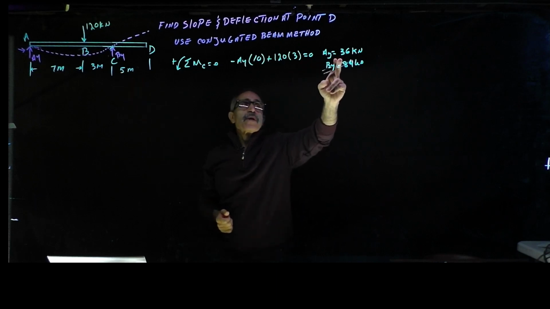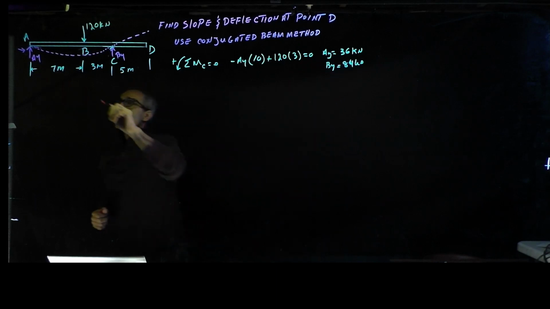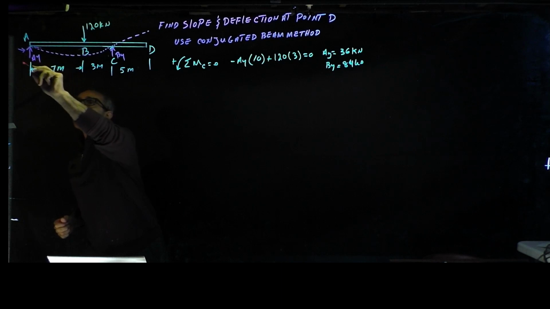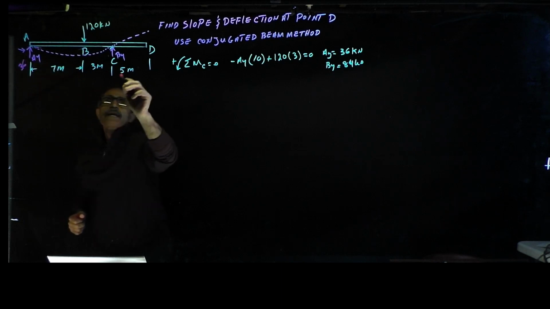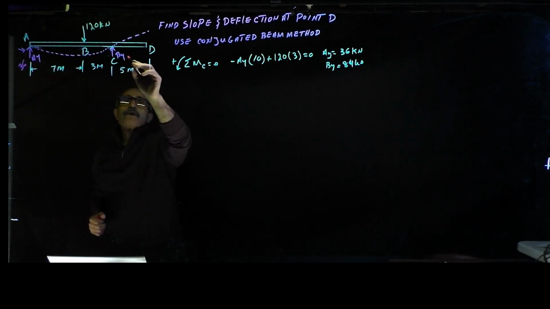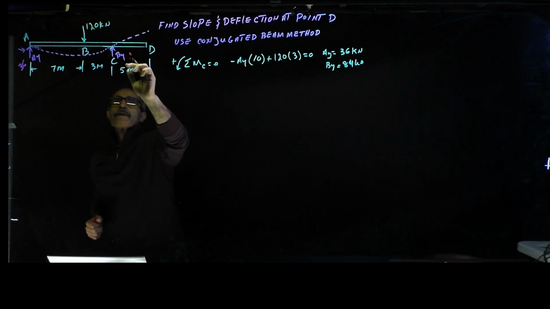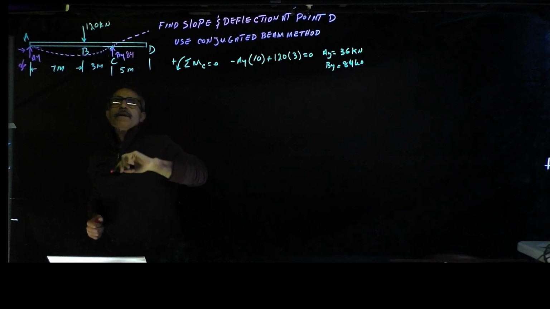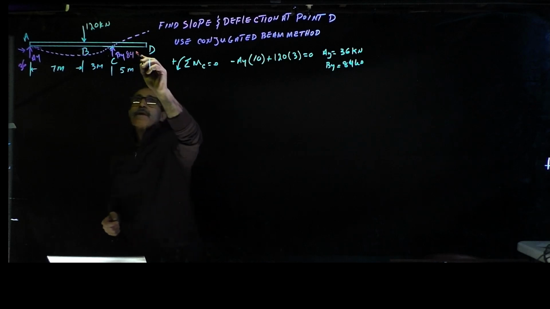Therefore my AY is going to be 36 kilonewton. And this one is going to be 84 kilonewton.